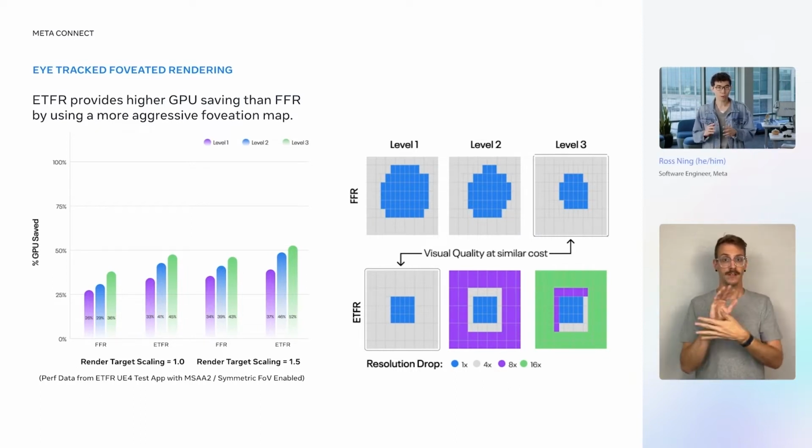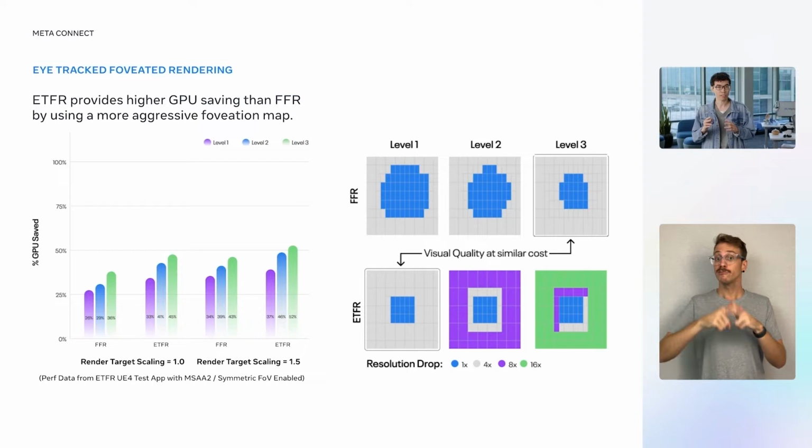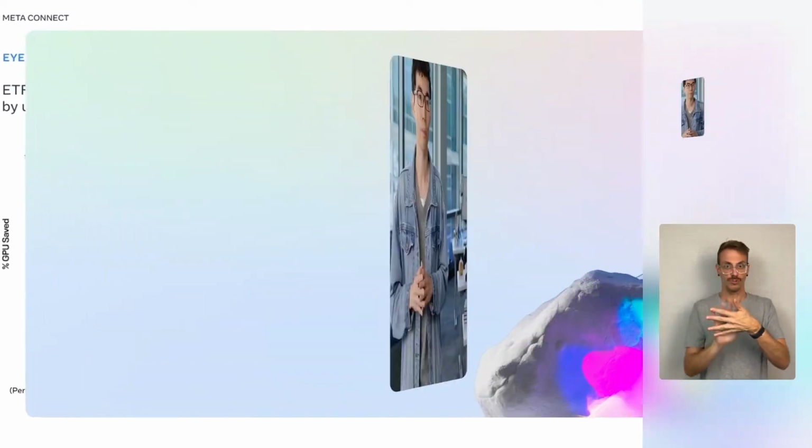But it's also important to note, perf and quality are always trade-offs. As a game developer, you are responsible for choosing the foveation level that best fits your content. We recommend to start at the lowest ETFR level and increase until you start to see some artifact in the periphery.